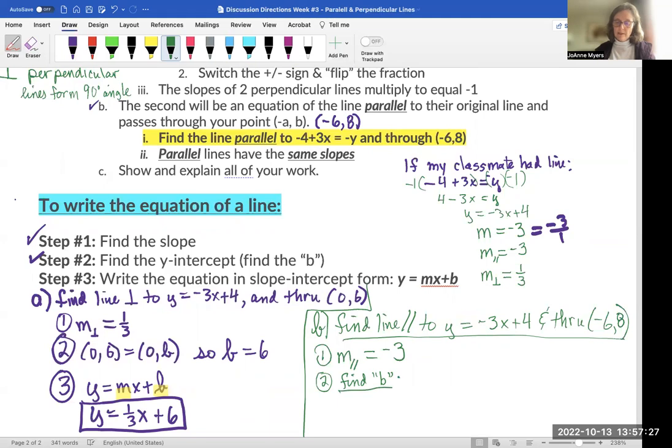So to find b, use the fact that we already know m equals negative 3, x equals negative 6, and y equals 8 will make the equation true.